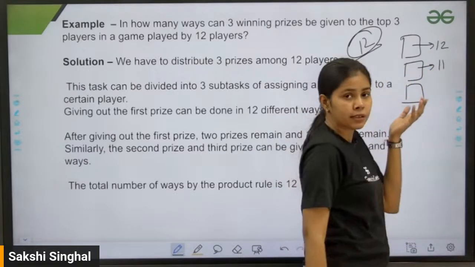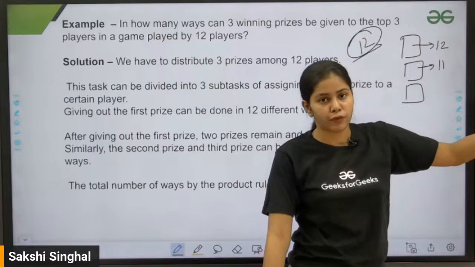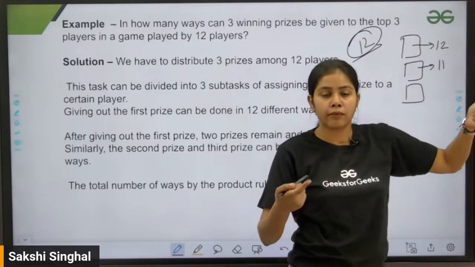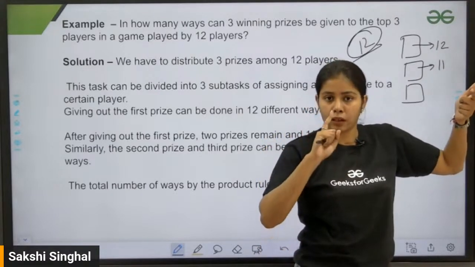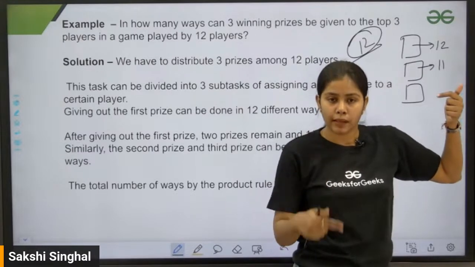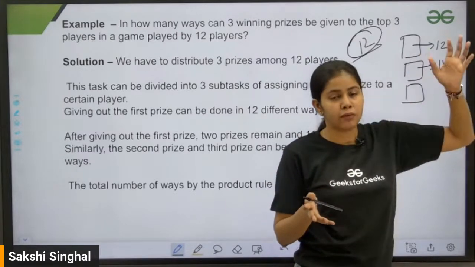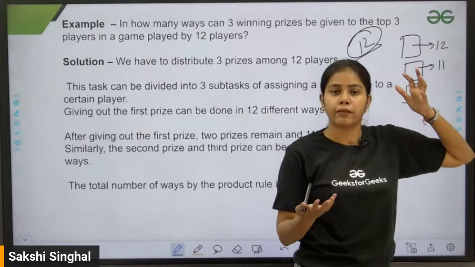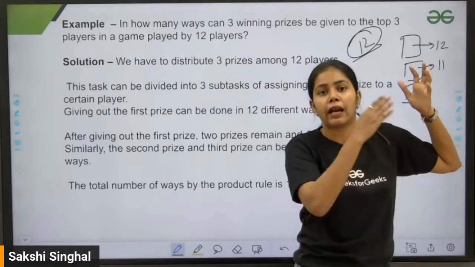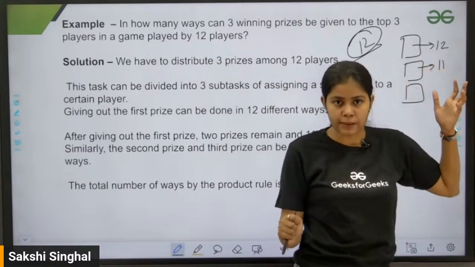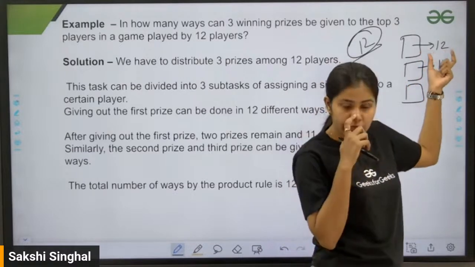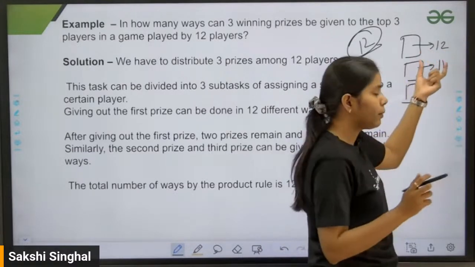For the second prize, because I have given one prize to the first one, we do not have 12 players now, we have 11 players, because the person we have given the first prize, we can't give that person the second prize, right? So for the first prize we have 12 players option.